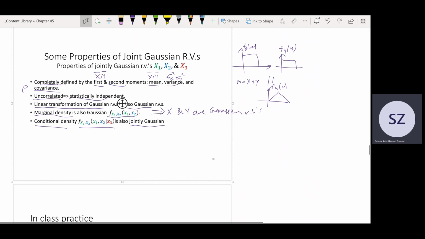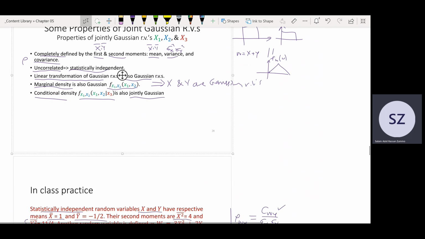A linear transformation of joint Gaussian is also Gaussian. The marginal density is also Gaussian. So if I have joint Gaussian, then every one of them will be Gaussian, as well as the conditional density. These are important properties because they simplify your life.